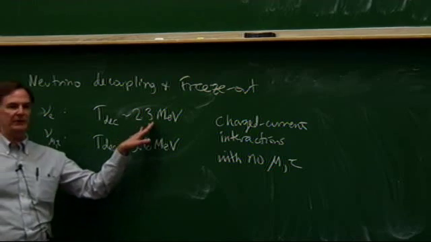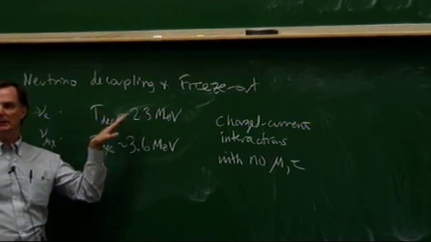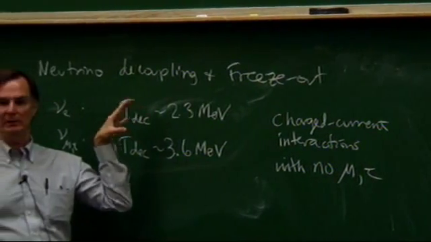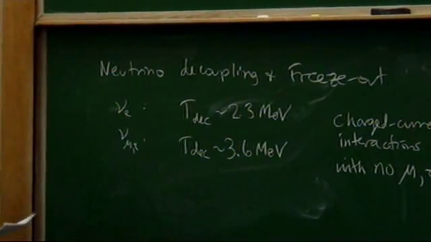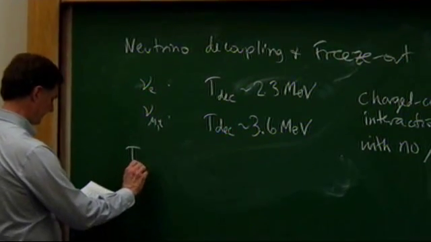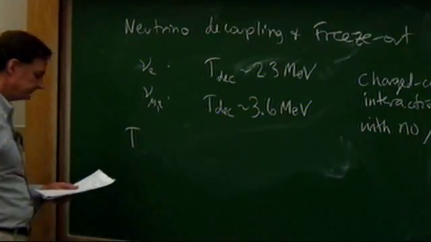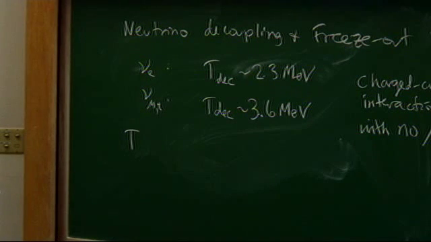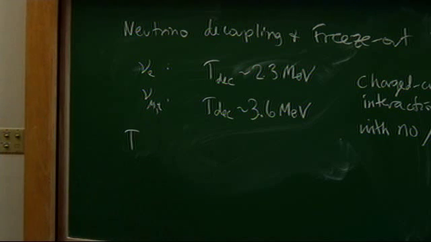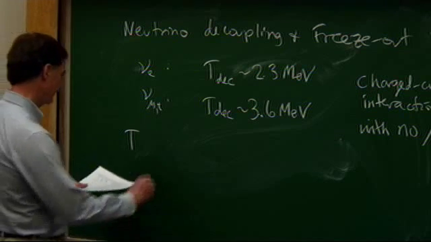So the charged current interactions keep the electron neutrinos thermally and kinetically coupled to slightly later times, lower temperatures. And what happens is similar to the story we talked about of the WIMP decoupling, except one difference is that the neutrinos decouple when they are relativistic.